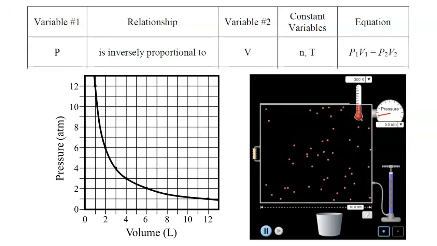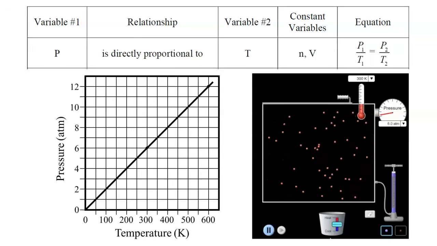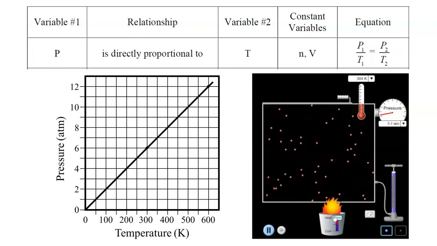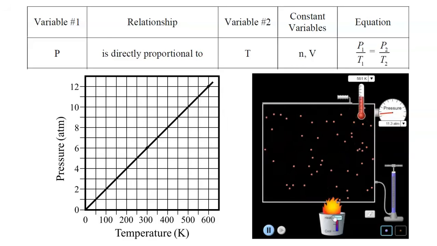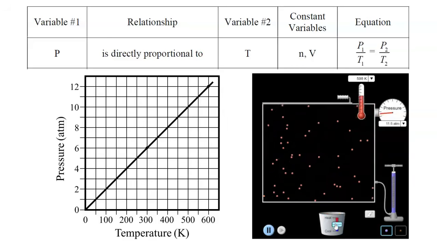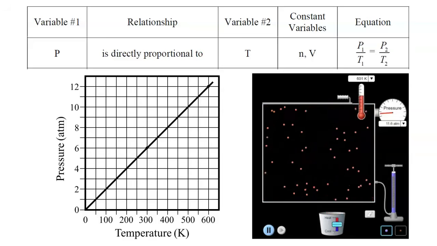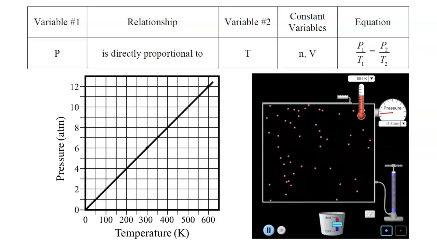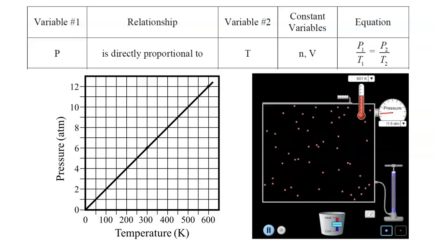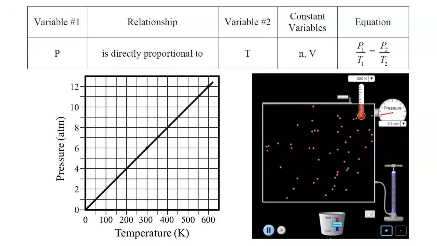Now, in our next relationship, it's going to be that pressure is directly proportional to the absolute temperature of the gas. So in this PhET simulation, the gas sample is being heated from an initial temperature of 300 Kelvin to a final temperature of 600 Kelvin. So as a result of doubling the absolute temperature of the gas, the pressure of the gas sample is also doubled.